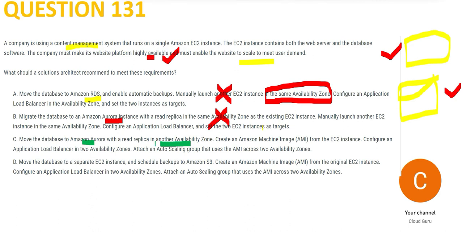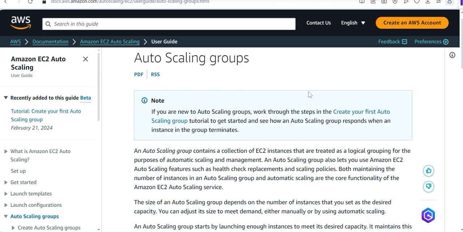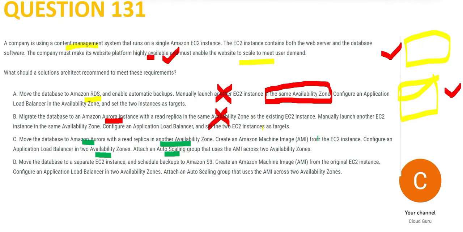Because it will put the load balancer and EC2 instances in two AZs, and it will also make use of auto scaling groups. Auto scaling groups help with scaling the EC2 instances. If the load increases, it will add more EC2 instances, more compute. If the load goes down, it will remove the extra fat, the extra compute. Now, this looks correct from all angles.